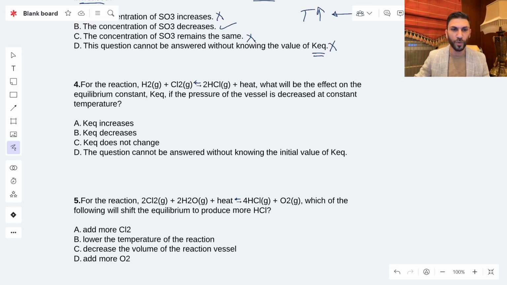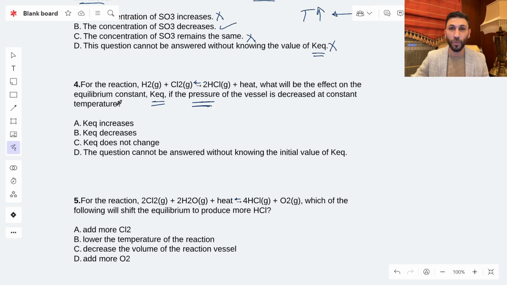Number four, for the reaction H2 plus Cl2 yields to 2HCl plus heat, what will be the effect on the equilibrium constant, KEQ, if the pressure of the vessel is increased at constant temperature?